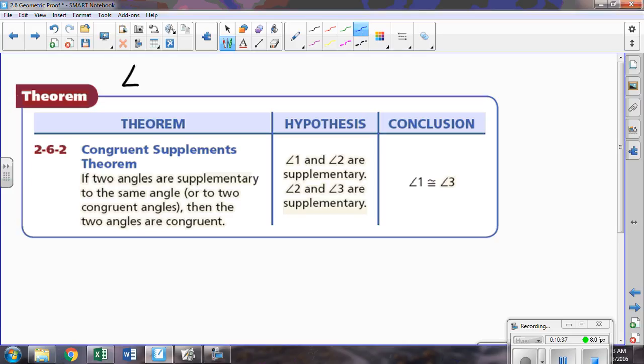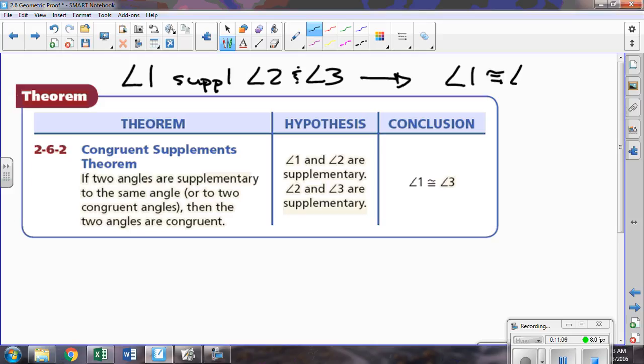We have an angle that is supplementary, and just to try to clear it up, if we have angle 1 supplementary to angle 2 and angle 3. So one angle is supplementary to two angles. Then angle 1 is congruent to angle 3.